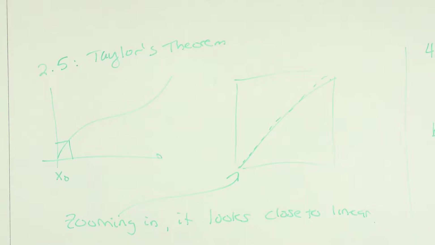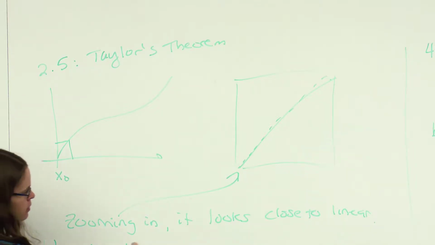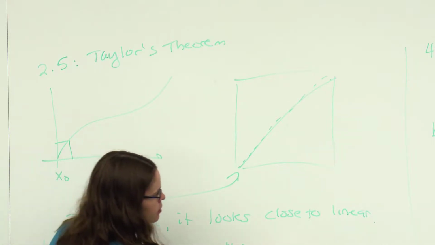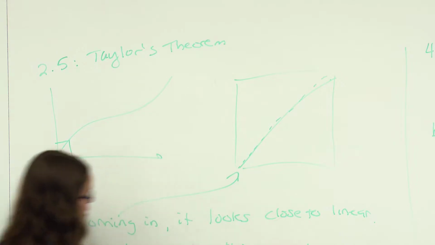We might want to improve this a little bit. So if we want to improve this, what's the next best thing from a straight line? A parabola, yeah, a quadratic function. So if we want to improve this estimate, let's try a quadratic approximation.